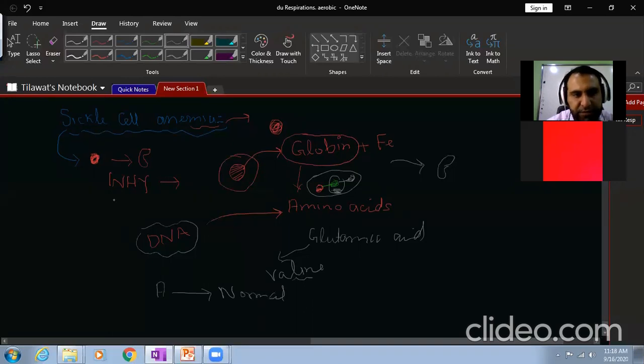Or you can represent it with capital S also, no problem. So this A, this normal gene that was dominant in normal condition, that becomes recessive. That allele becomes recessive, and that converts into a.